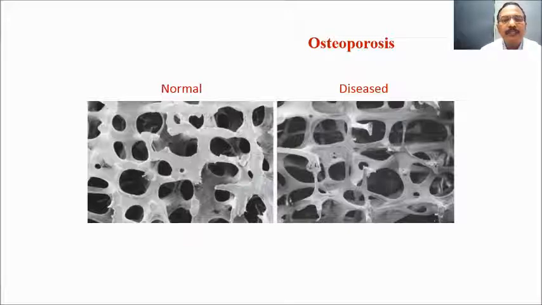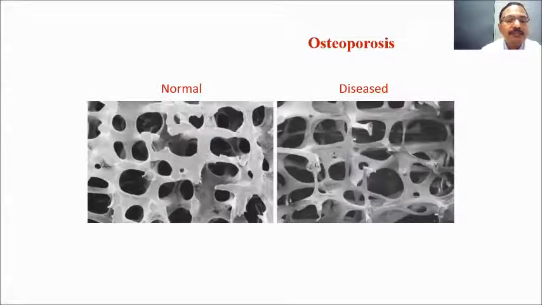Another condition affecting the bone is scurvy, a deficiency in the production of collagen fibers due to the deficiency of vitamin C. And there are other problems like osteogenesis imperfecta, which is also a genetic disease.